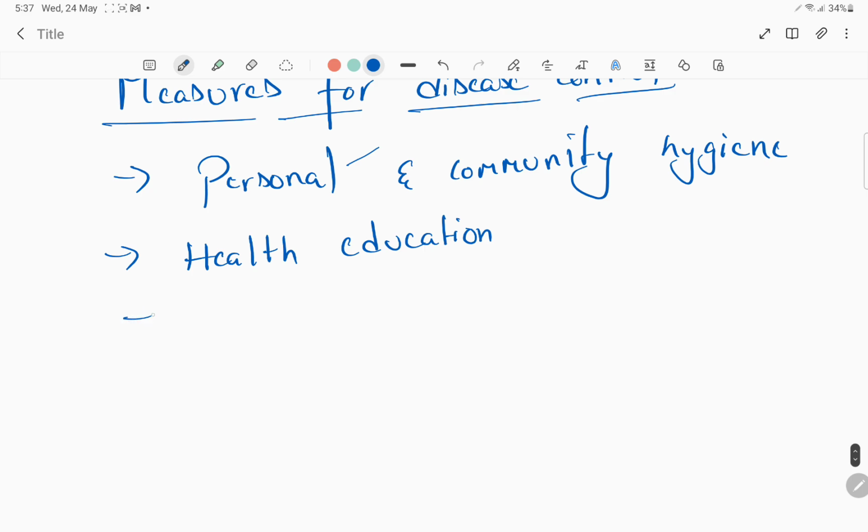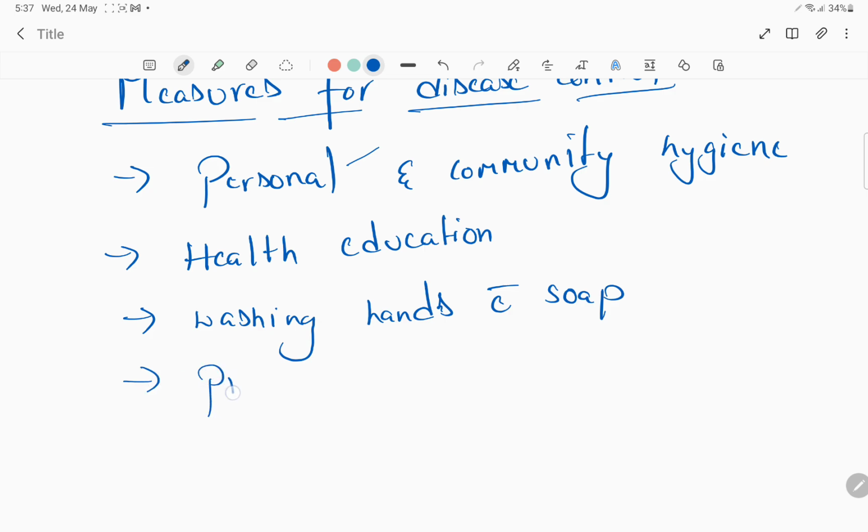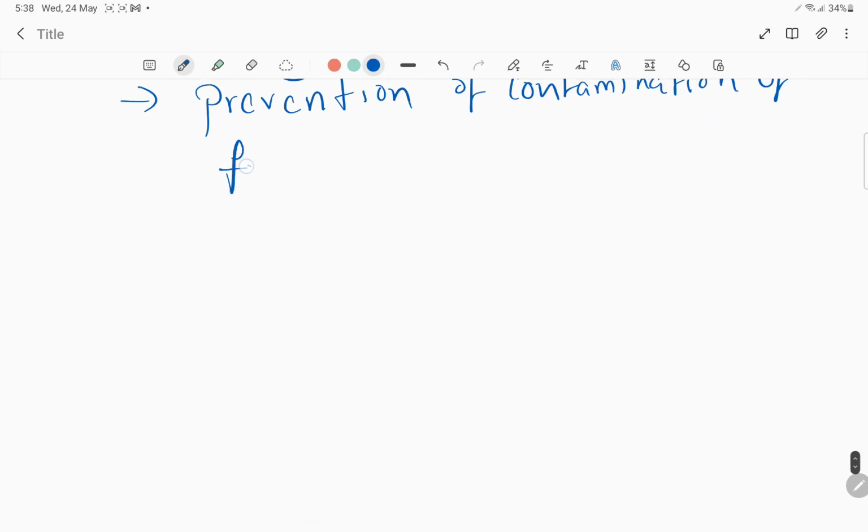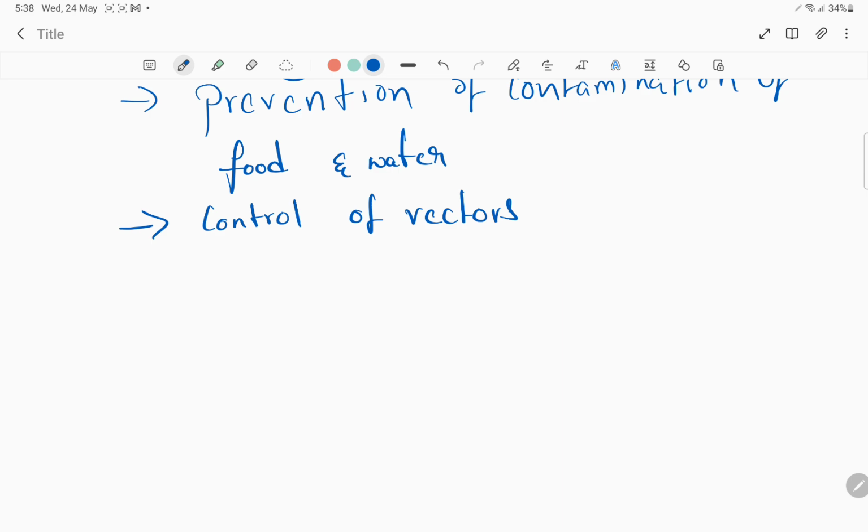So personal hygiene includes washing hands with soap after using the toilet, handling dirty objects, and before taking meals, and protecting food and water from contamination. It also includes avoiding flies and cockroaches and controlling vectors.